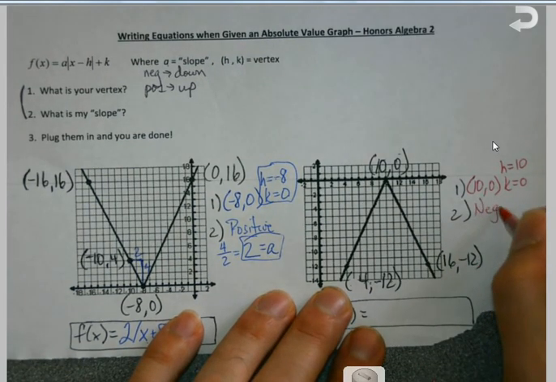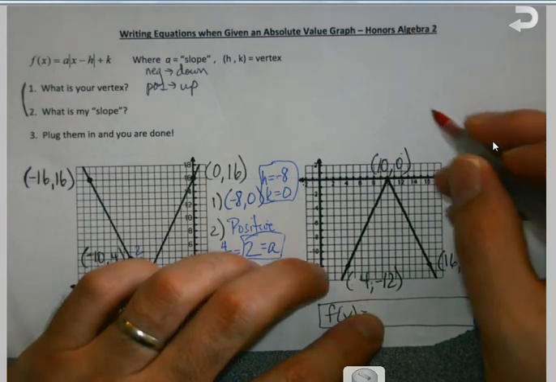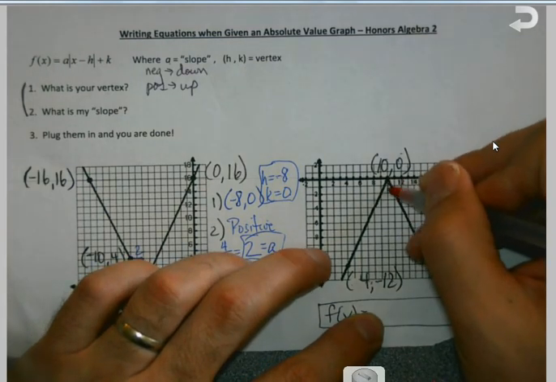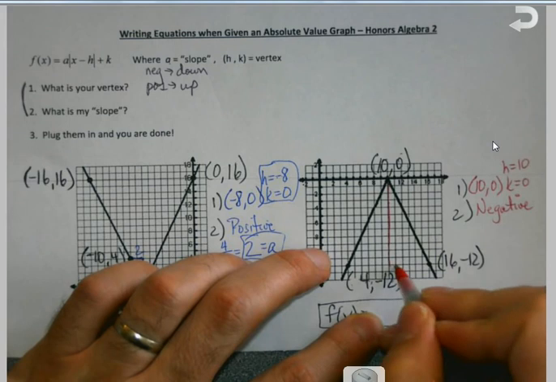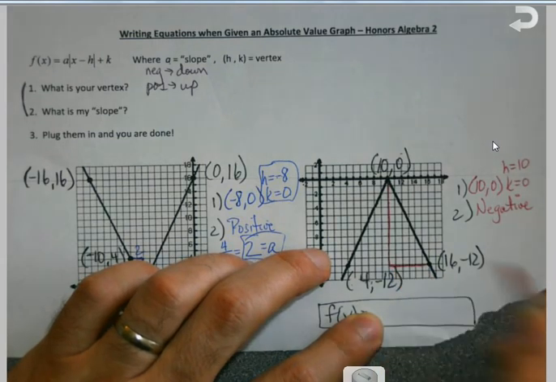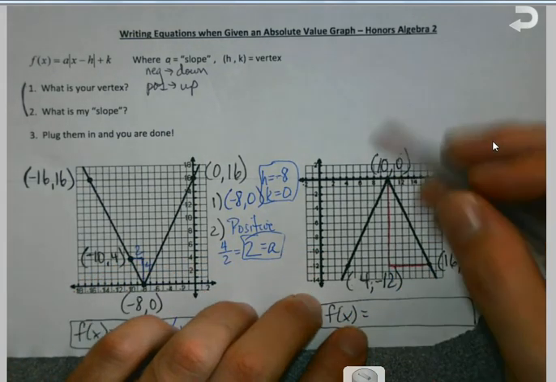So my slope, my A value, is going to be negative. And this is the part that's not quite as much fun. I've got to get from my vertex to one of these points. So I'm going to count my rise and run so I can figure out my slope here.